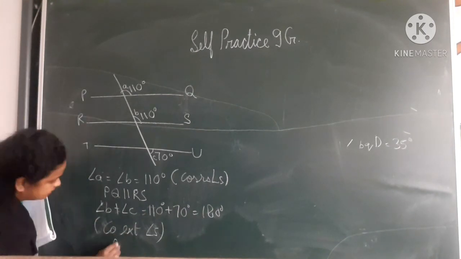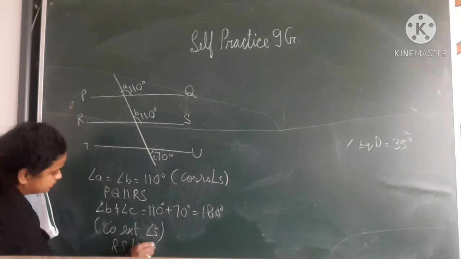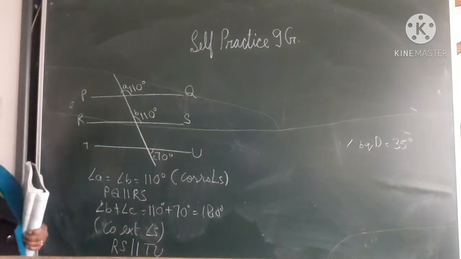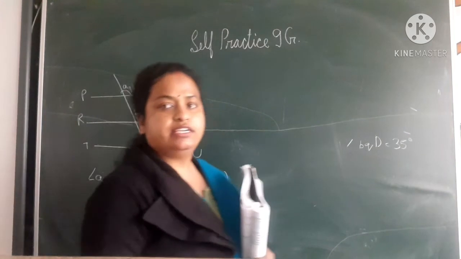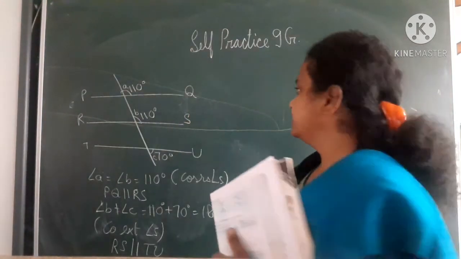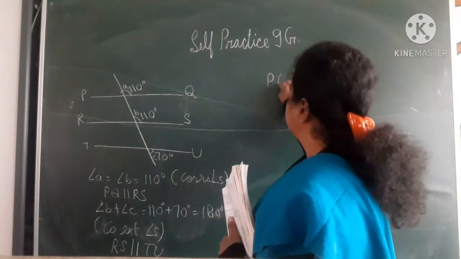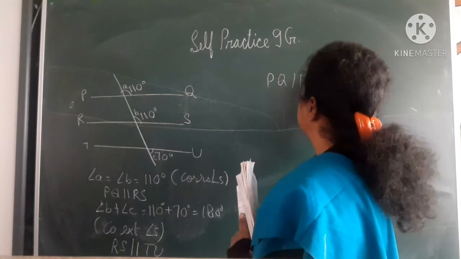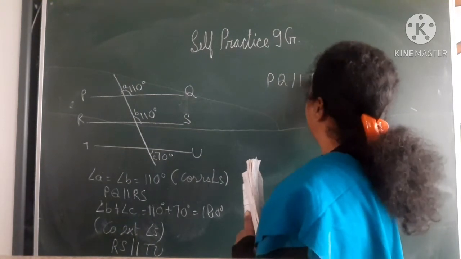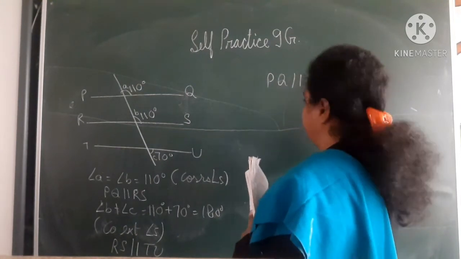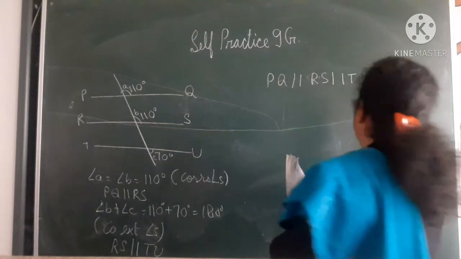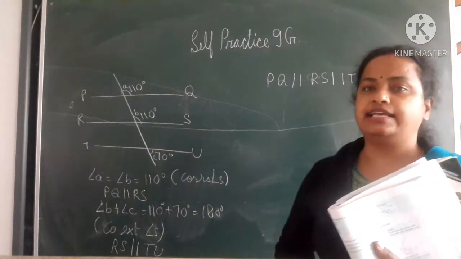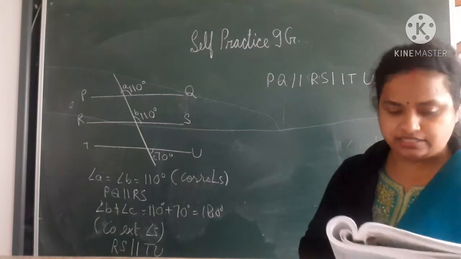So RS is parallel to TU. So at last we can say that PQ is parallel to RS and RS parallel to TU. That means that all the three lines are parallel to each other.